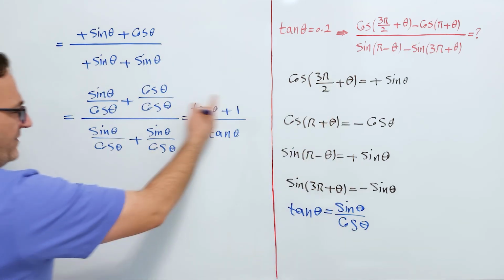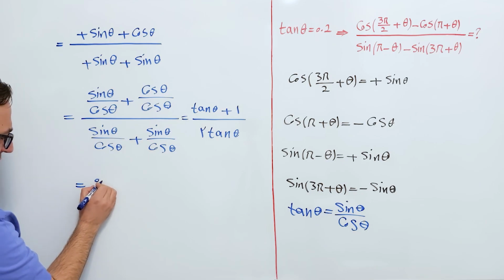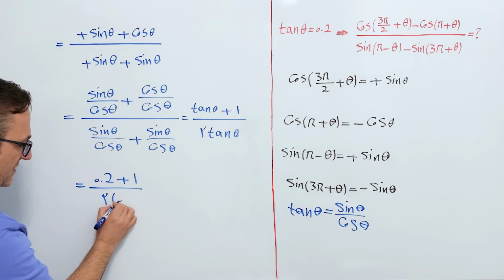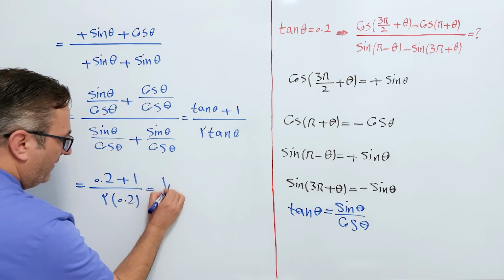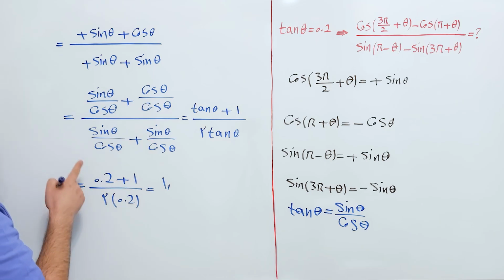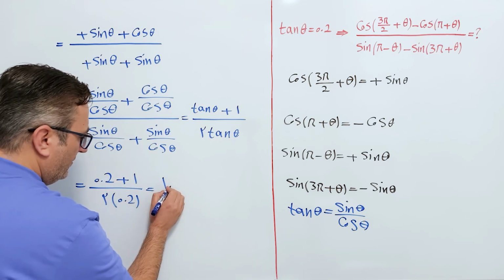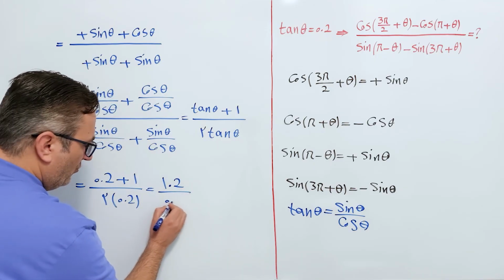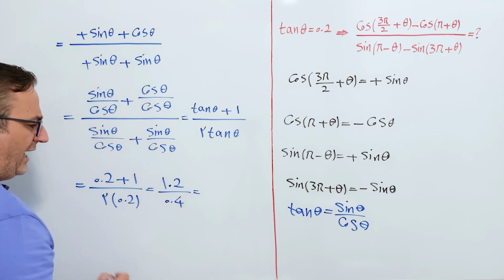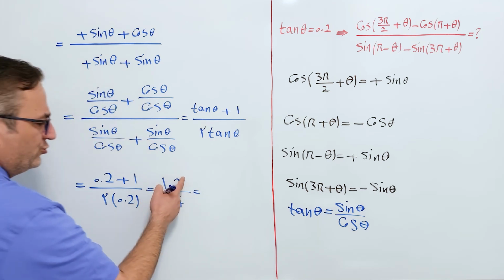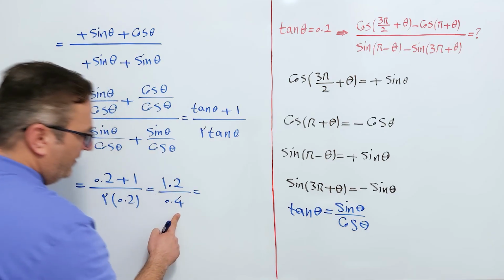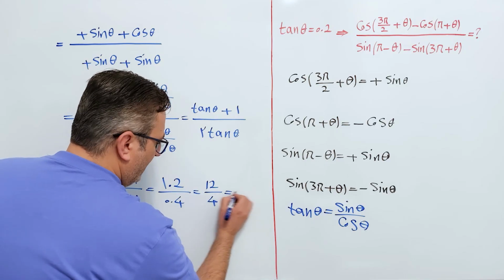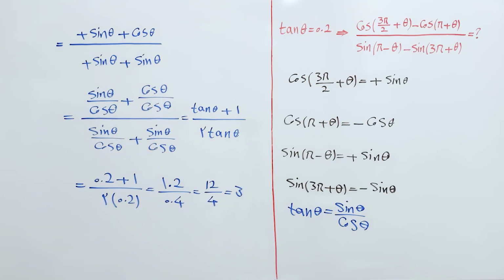So this fraction is equal to 0.2 plus 1 divided by 2 times 0.2. And we know that 1 plus 0.2 is equal to 1.2 divided by 0.4. And if we multiply both the numerator and the denominator by 10, we have 12 divided by 4, which is equal to 3.